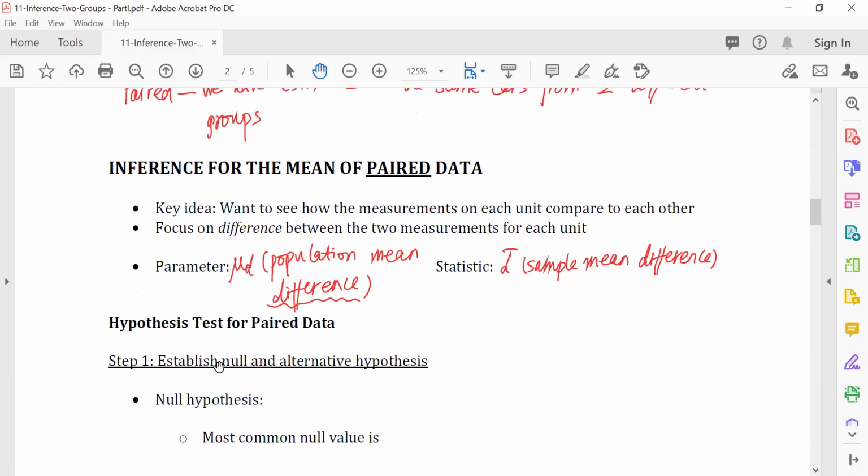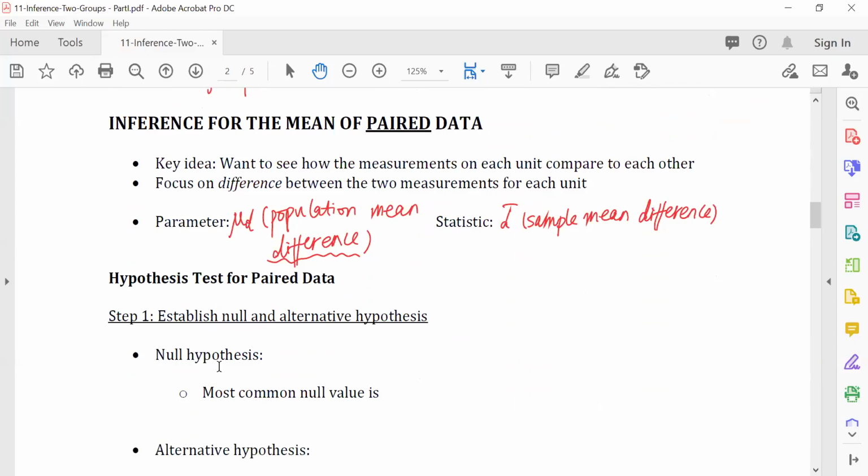The hypothesis test for paired data. First step, establish null and alternative hypotheses. We will have H null, that is, H null is mu d equals a certain specified value mu 0.